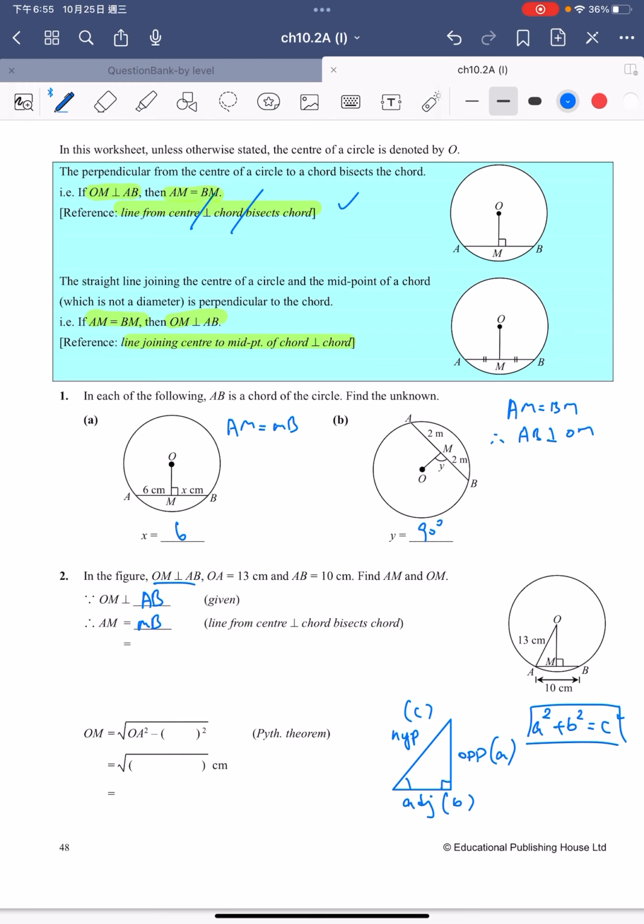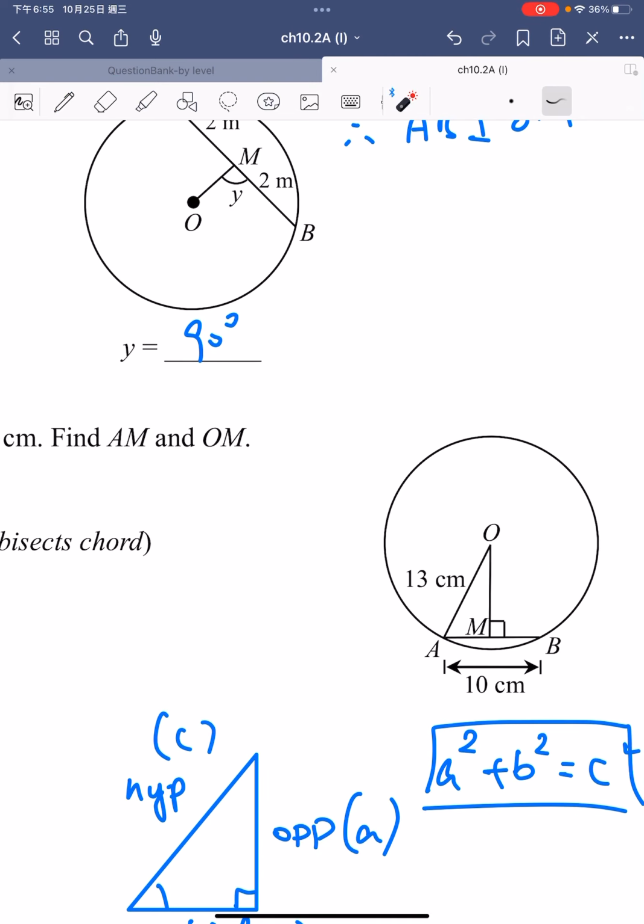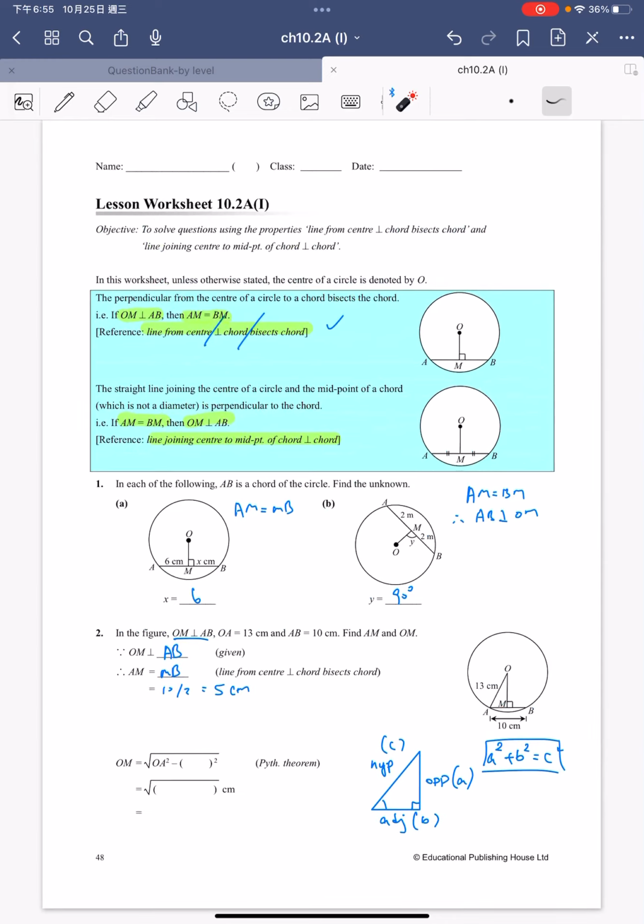So AM is equal to 10 divided by 2, which is equal to 5. Alright, so by using Pythagoras, we can say that the OM length is going to be equal to the square root of OA squared, which is the hypotenuse, minus AM squared. Then you can get OM, isn't it? So you can just write it down.